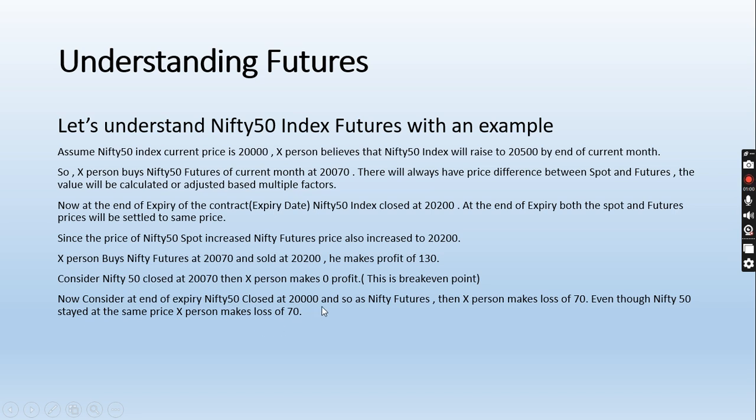Now consider if the market hasn't moved anything. Let's say it started at 20,000 and went 100, 200 points up, then came back and closes at the same point as at the beginning of the trade, 20,000. Since Nifty futures also closes at 20,000, person X makes 70 rupees of loss here.